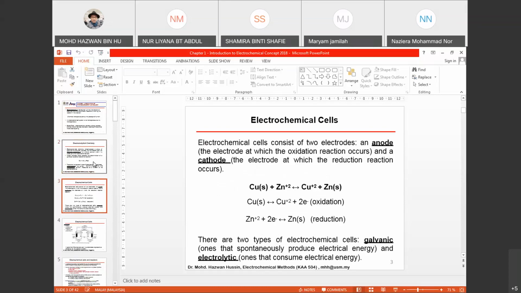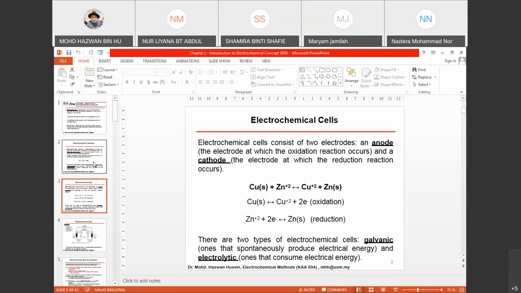Right. So when we talk about electrochemical process, we cannot run away from the cell. Cell is not like a biological cell. This is the apparatus that is used to hold the electrode and also the electrolyte. In electrochemistry, you have the terminals, anode and cathode. The anode is the electrode at which the oxidation process occurs.